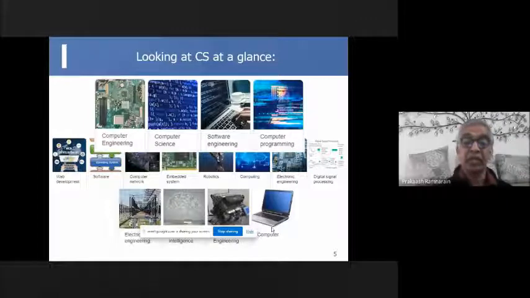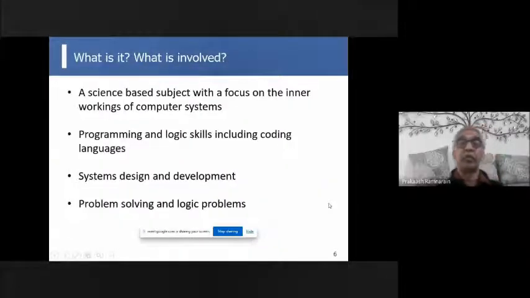And all these fields lend themselves to other fragmented job portfolios that the open job market offers.